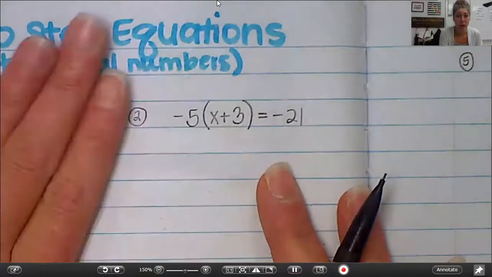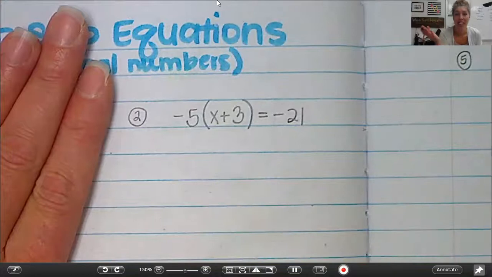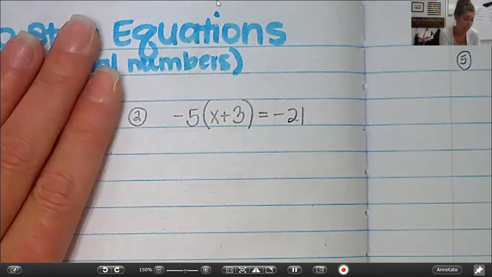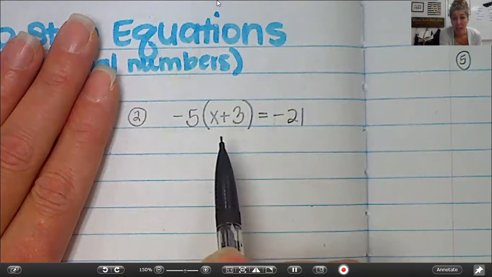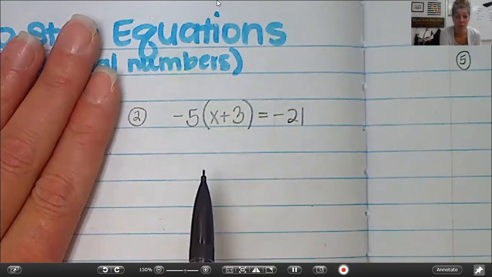So when I look at this problem, I see the parentheses first, and your brain should automatically know parentheses first. I want you to continue to trust that instinct. Remember when we combined like terms, whenever you see that parenthesis with a number on the outside, we have to remember to distribute first.